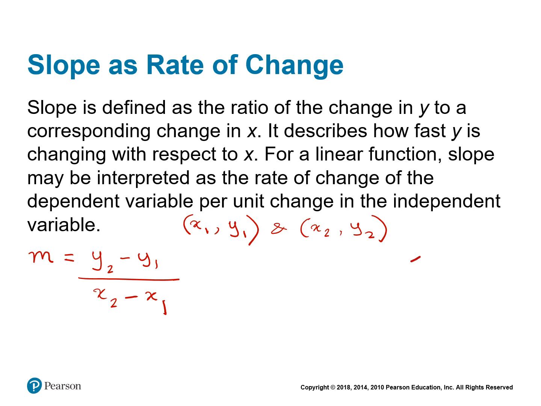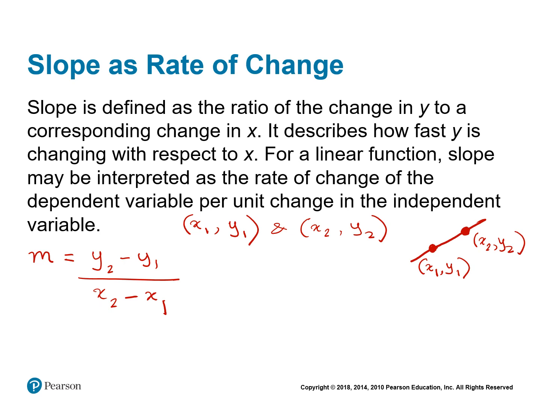So if we have a line going like this, and we take 2 points here, one around here and the other one around here, and let's say the bottom point is denoted x1, y1, and the coordinates of the second one is x2, comma y2.